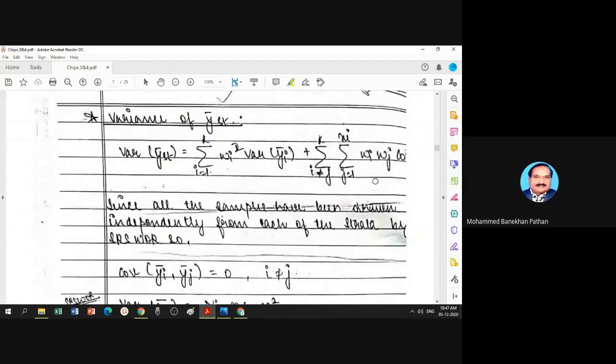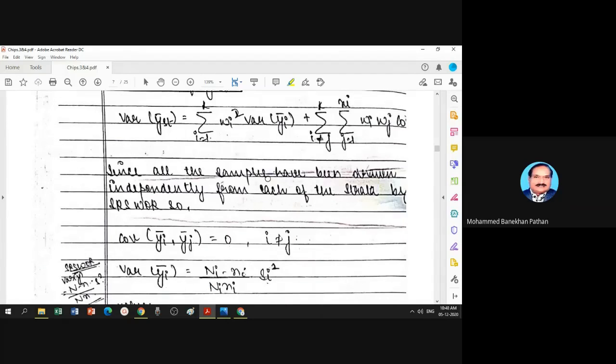Now, what will be the variance of your estimator? So we try to develop the variance. Variance of Y bar st equals summation i=1 to k Wi square variance of y bar i plus double summation i not equal to j Wi Wj into the covariance term.